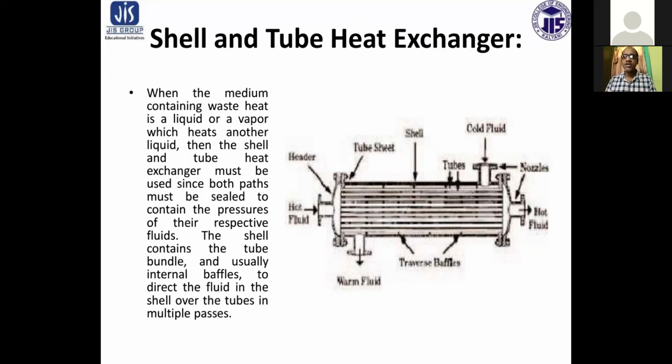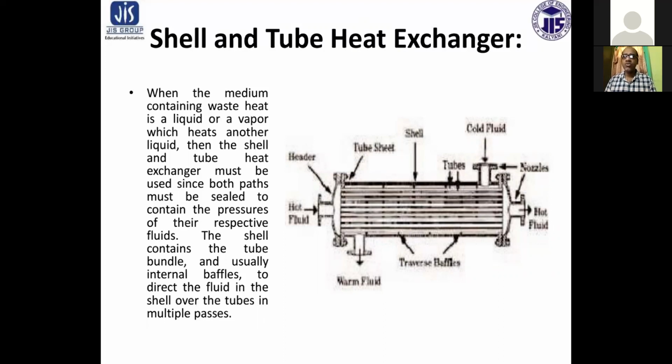The shell contains the tube bundles and usually internal baffles to direct the fluids in the shell over the tubes in multiple passes.